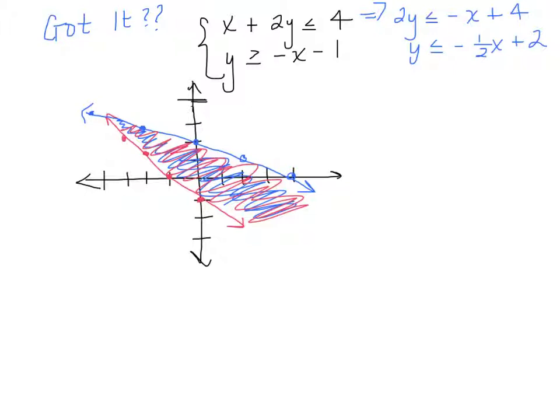Then the second inequality was already in slope-intercept form, so I graphed that. And that y-intercept was at -1. And so I shaded the blue line less than, and the second line was greater. And I only showed this time where the solution region was. And there you have it.